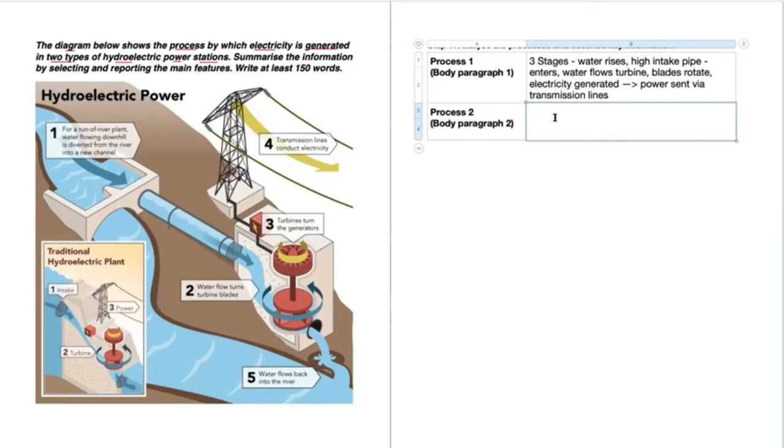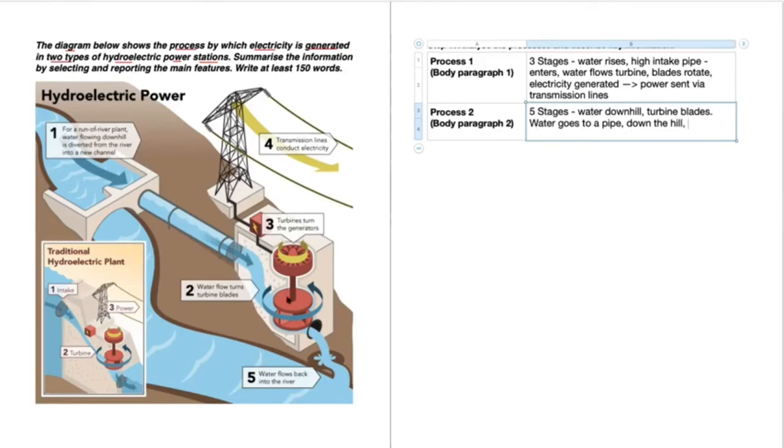Now process 2, I'm going to say has 5 stages, and I'm going to talk about how water, which looks to be going downhill, goes into turbine blades. Then I'm going to talk about how water is channeled away from the path down into a pipe. So I'm going to say water goes to a pipe down the hill. Then it looks like it enters this building.